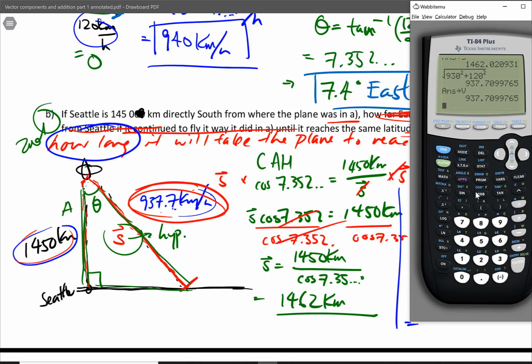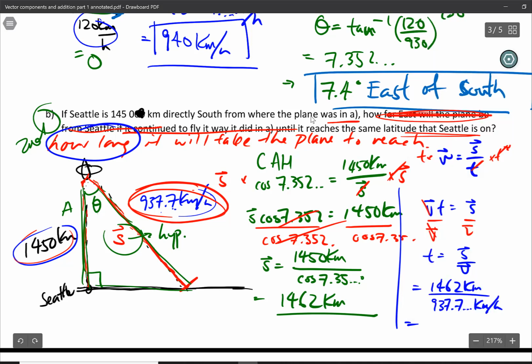So we have s over v. Okay, 1.559, and notice it is not in seconds, it is in hours because we are dealing with kilometers per hour. 1.559, and that's going to round up to 1.6 hours.